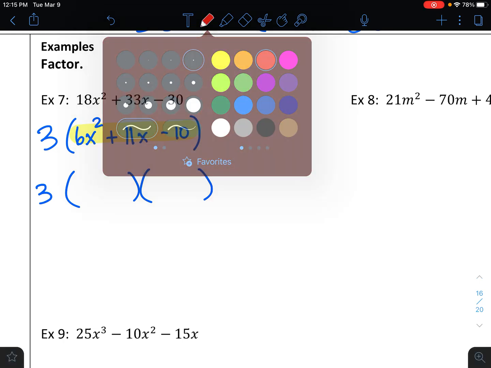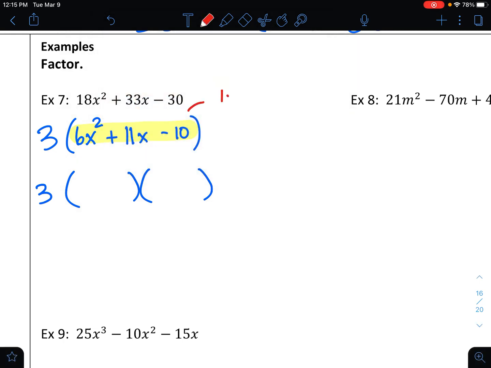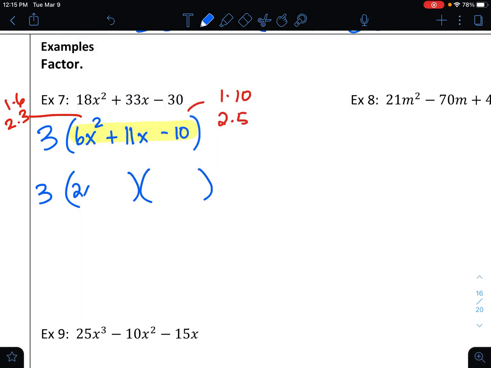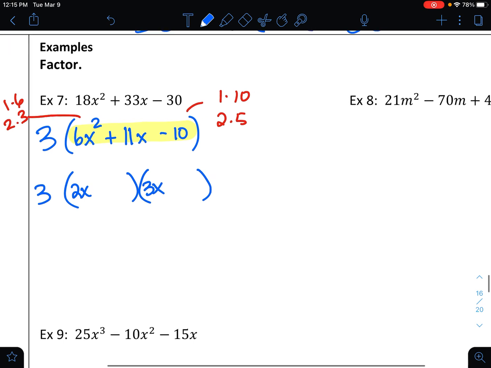Okay, so now I go through this process. Factors of 10 are 1 and 10, 2 and 5. Factors of 6 are 1 and 6, 2 and 3. And so let's start at the bottom of our list for all of them. So I'm going to start with 2 and 3, so 2x and 3x, and then start with 2 and 5.